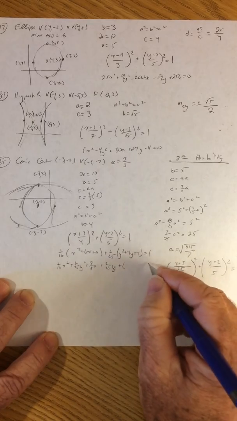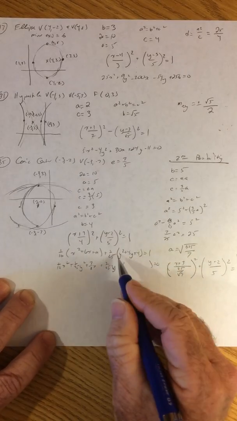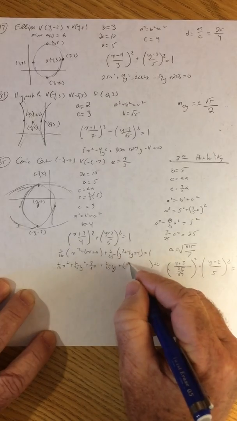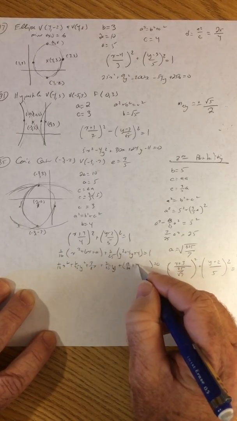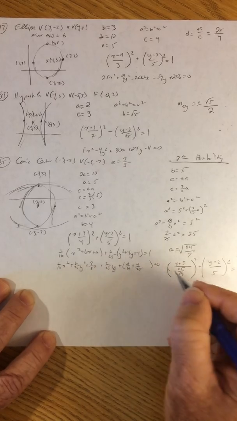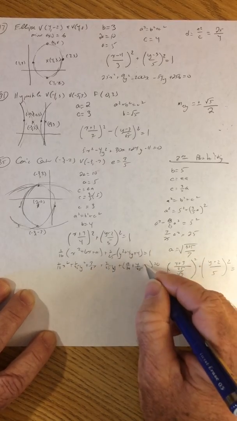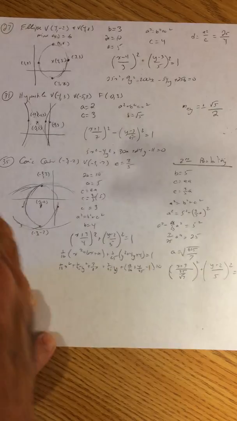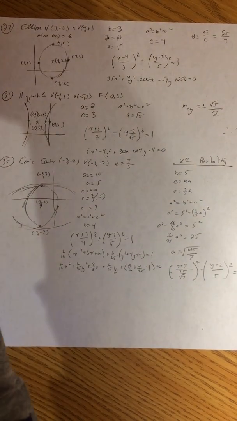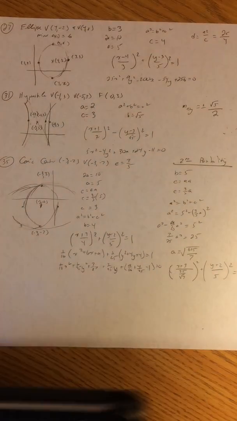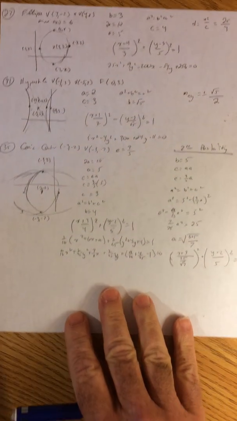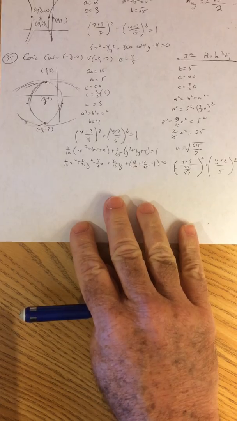And then I'm going to have this combination of values, 9/16, 1/16 times 9, plus 4/25 minus 1. Okay. Now I put that into Desmos, and it's already there. You can look at that at your leisure. Let me slide this up. Try to keep it in frame.